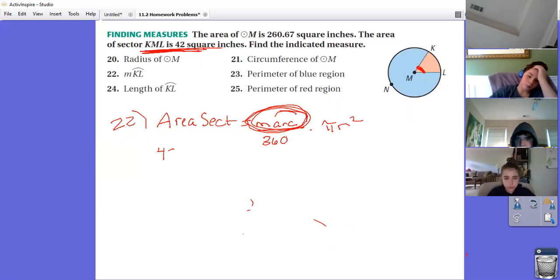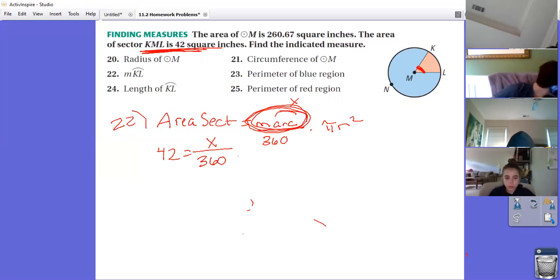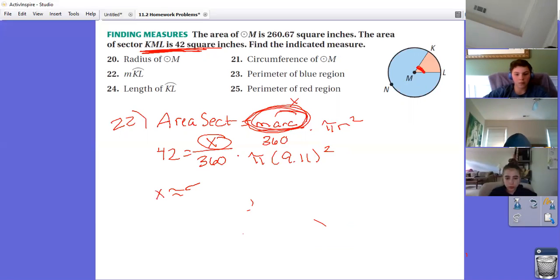So I plug that in there, and I'm going to say this is my x. So x over 360 times pi, and then 9.11 is my radius. Once I do all that, you can multiply that out, isolate the x, and you should get approximately 58 degrees for that one. Does that help, Donnie?